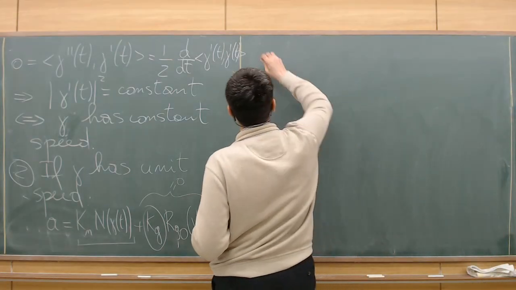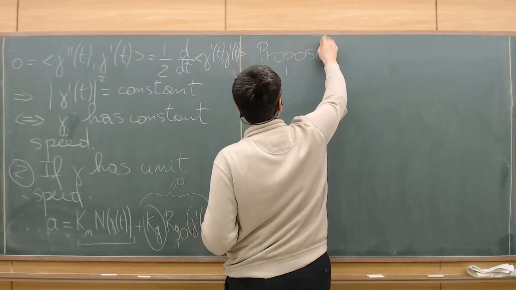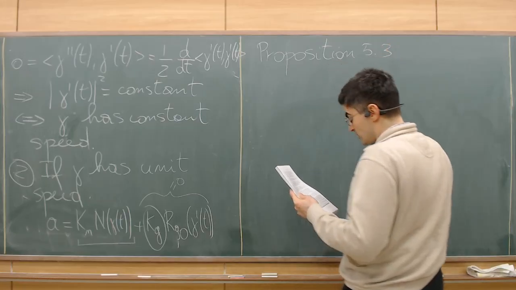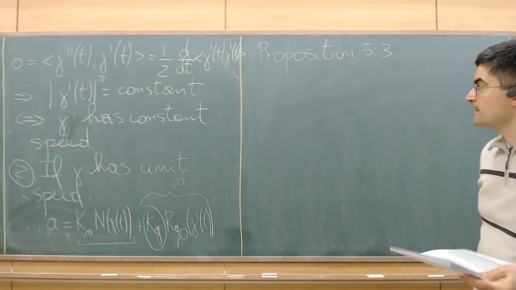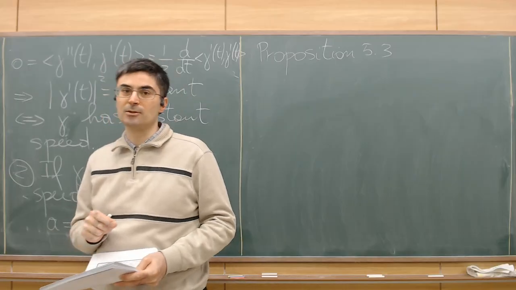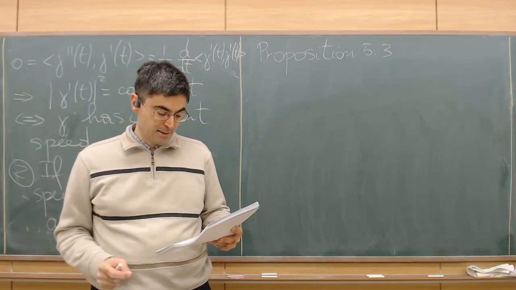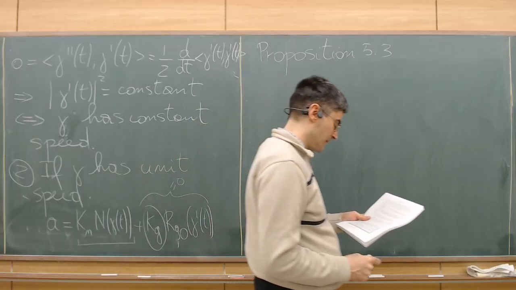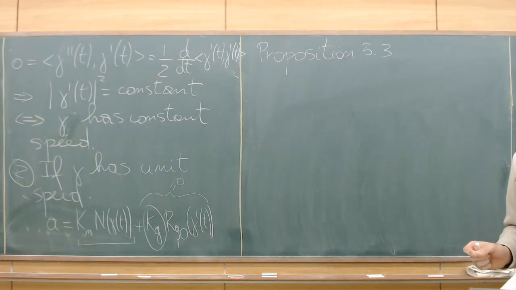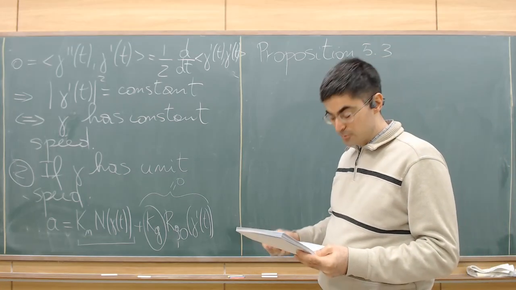The answer to this question is provided by proposition 5.3, which essentially says that once you fix a point on the surface and you fix a direction, there exists a geodesic curve having initial point the point you have chosen, and the initial direction the vector you have chosen.